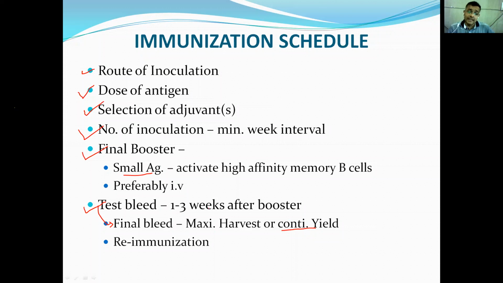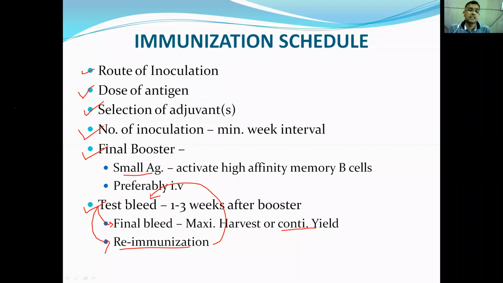Now, there is one scenario in contrast to this. In the test bleed, if you are getting a low amount of antibody against your target antigen, then in such a scenario, you have to go for re-immunization. Re-immunization means again you go for boosting, either with a higher antigen dose, or with a different route, or with a different adjuvant, and again you follow the test bleeding.